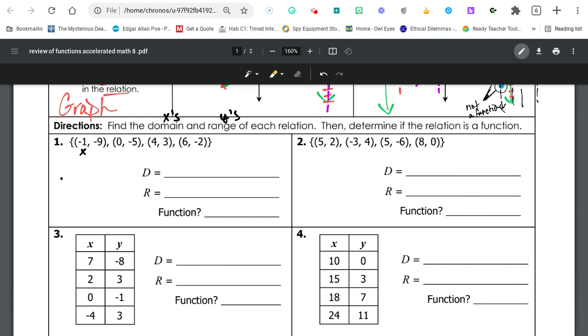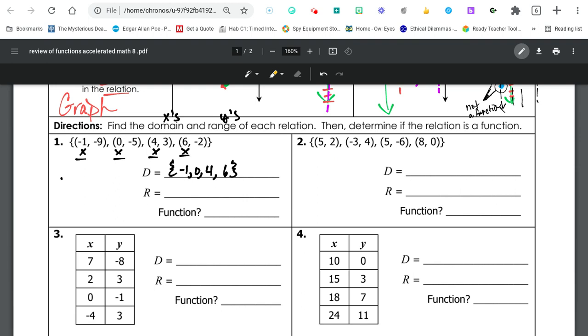Okay, I'm going to just go ahead and put my x's. My x's are, and put it in set notation, little squiggly lines, -1, 0, 4, and 6. While I'm focusing on my x's, I'm going to go ahead and put whether or not it's a function. Well, look at your x values. Are any of your x values cheating or repeating?